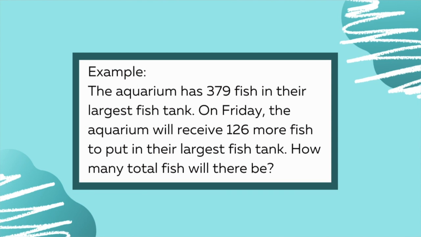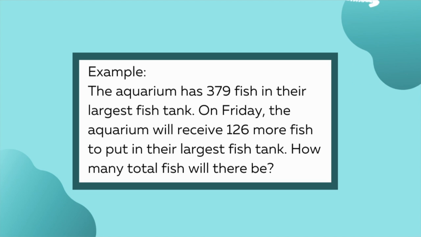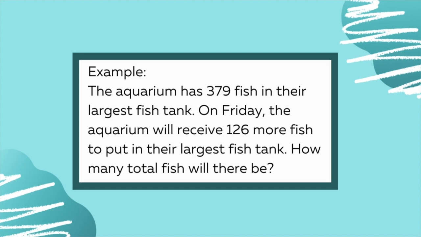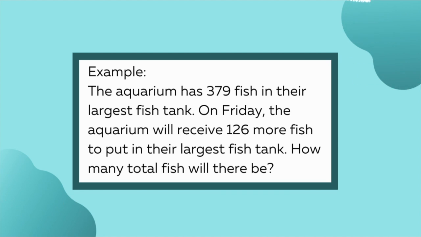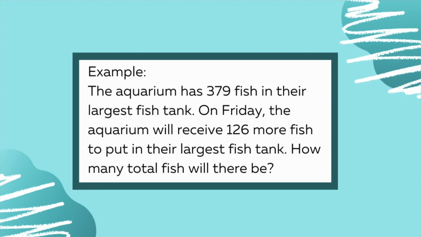So our example says the aquarium has 379 fish in their largest fish tank. On Friday, the aquarium will receive 126 more fish to put in their largest fish tank. How many total fish will there be?